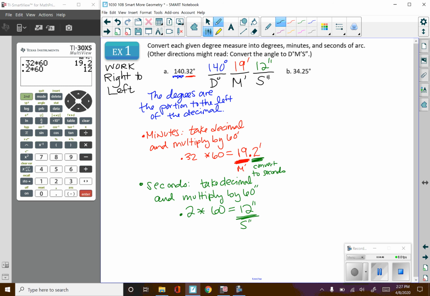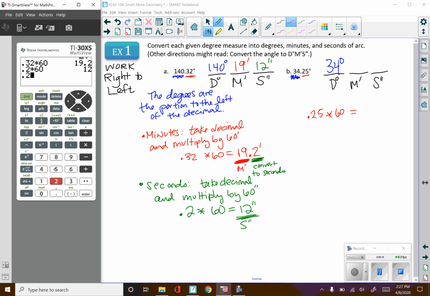On this second one, we'll go through that same process. We're looking for the degrees, the minutes, and the seconds. Our degrees are right there, 34 degrees, the whole number portion to the left of the decimal. To get the minutes, we take the decimal part, 0.25, and multiply by 60.